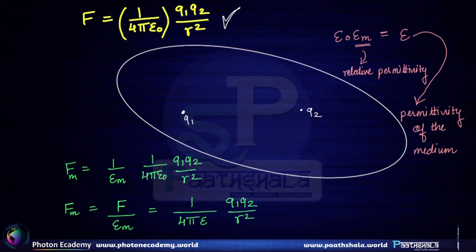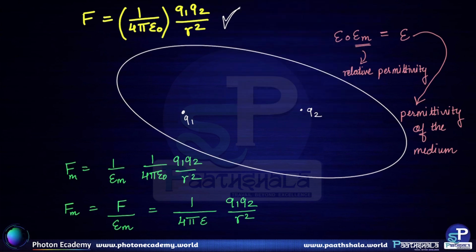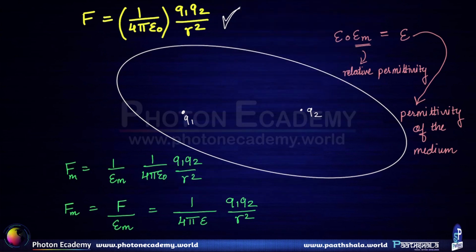All right, sometimes, and confusing as it might be, epsilon is also represented by the letter k. It is unfortunate that the number of physical quantities is much more than the number of English and Greek Latin symbols.